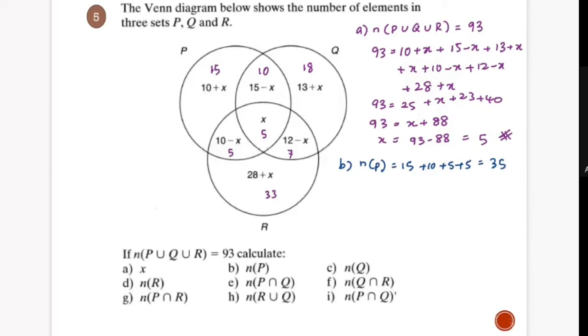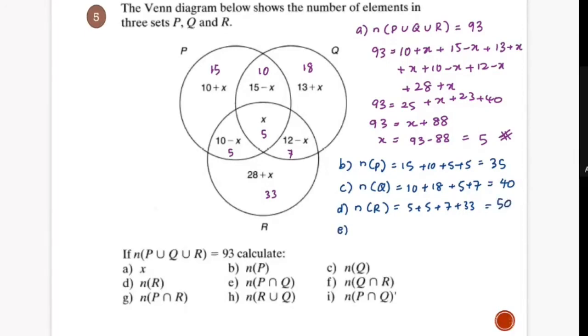Similarly, for part C, the number of elements in Q: 10 plus 18 plus 5 plus 7, equal to 40. Part D, the number of elements in R: 5 plus 5 plus 7 plus 33, equal to 50.